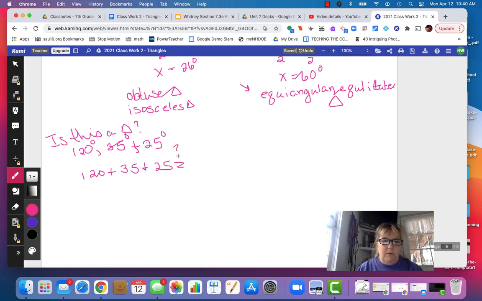Does that equal 180? Let's add these two together. This is 60 degrees plus 120 degrees, and that equals 180. And since they are equal, yes, it's a triangle.